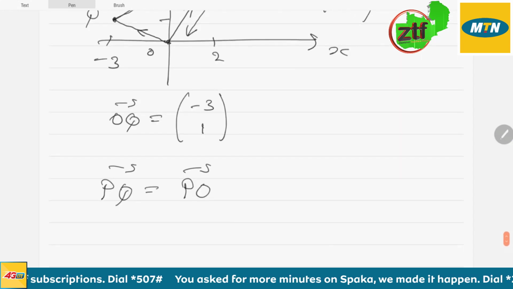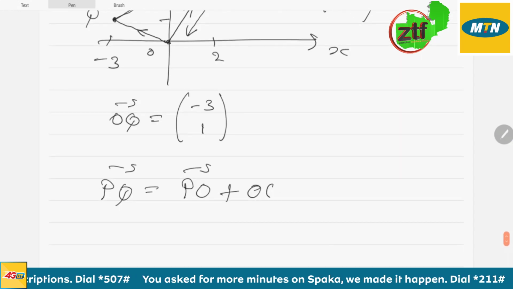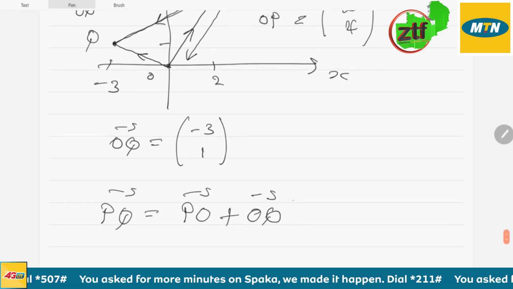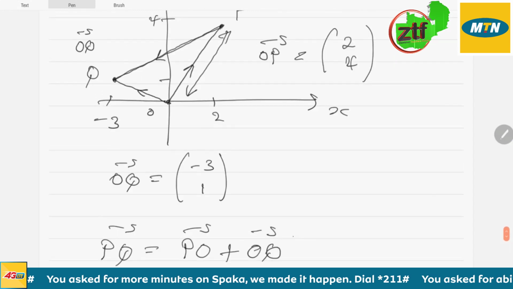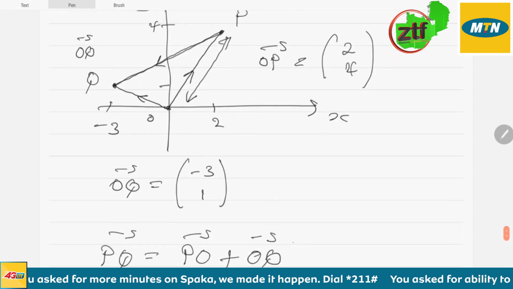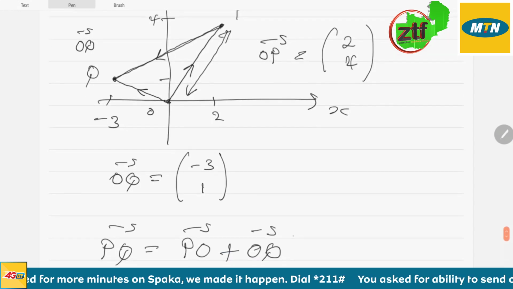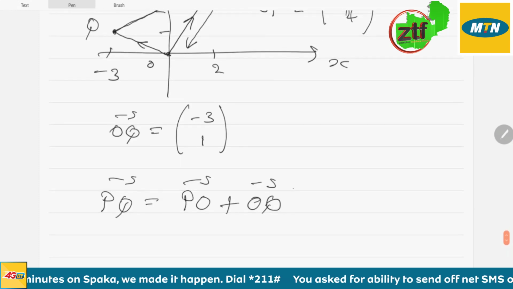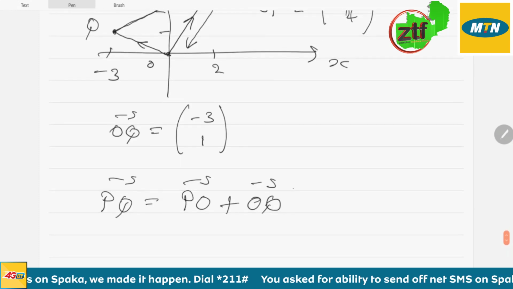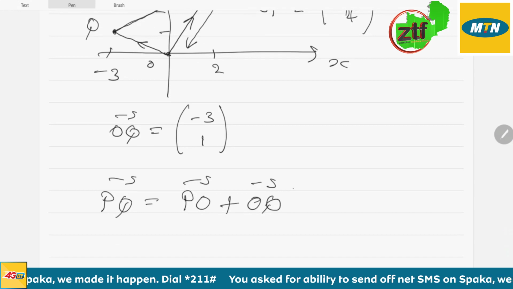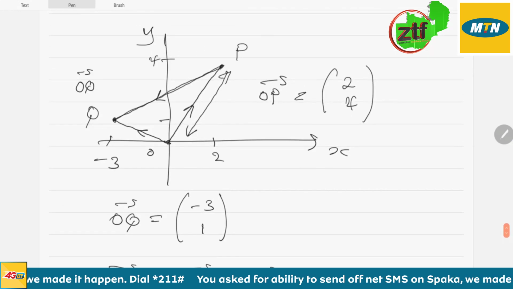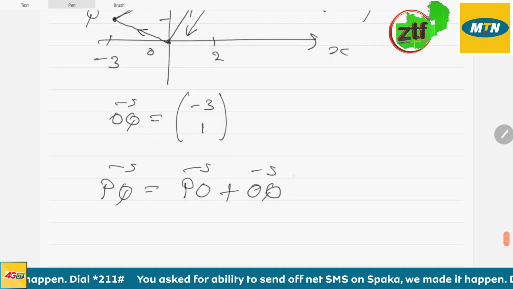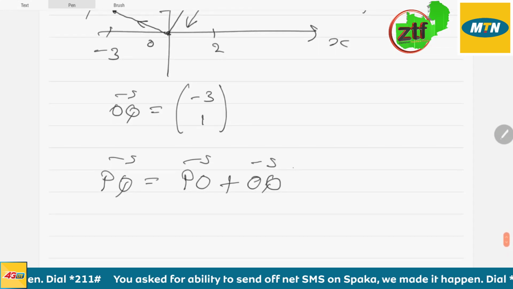Now, OP is the position vector 2, 4. Since I am moving from P going to the origin, I am going in the opposite direction. So when I move in the opposite direction, I multiply the vector by a scalar of -1.